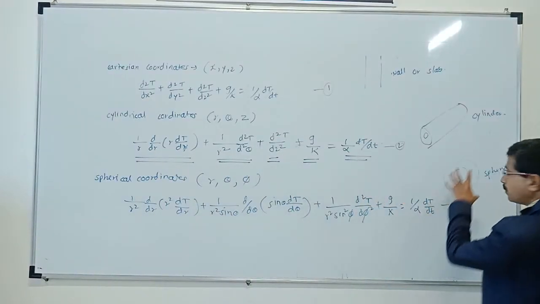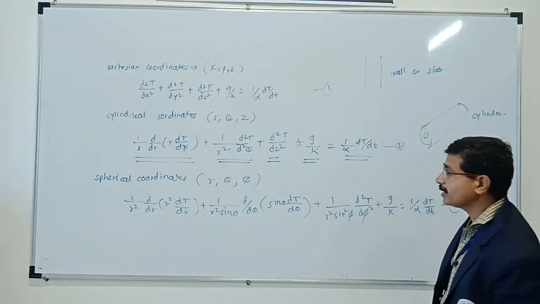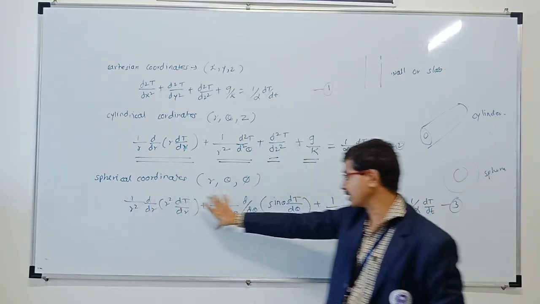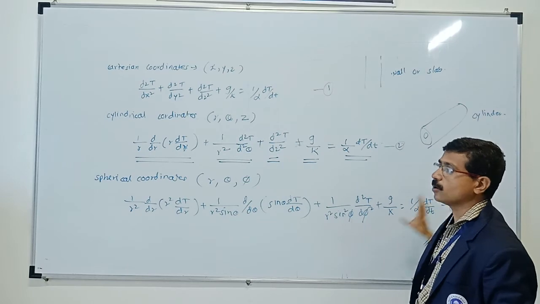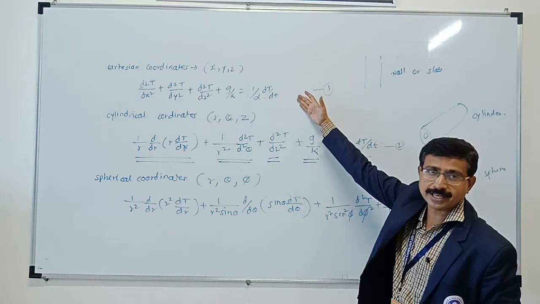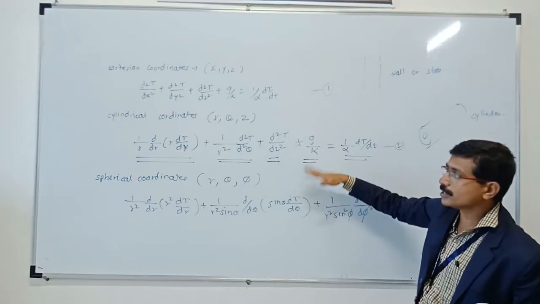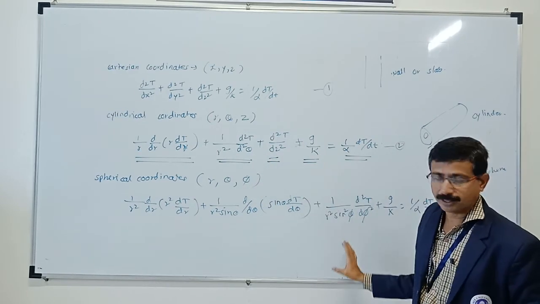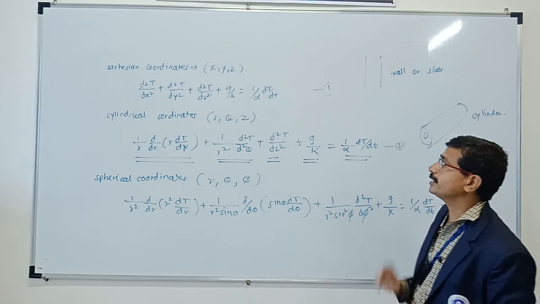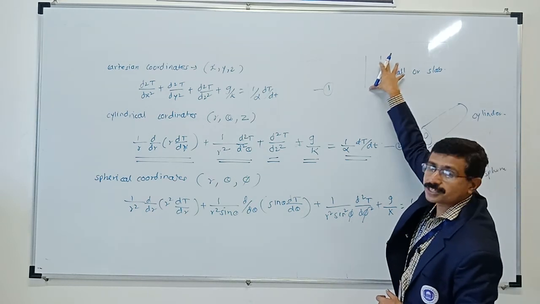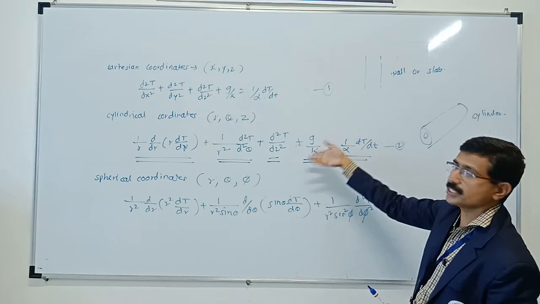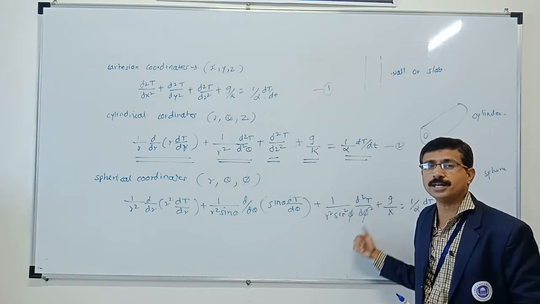When there is a sphere as the thermal system, you can use the expression of the spherical coordinates. All equations are the same; you can convert them into one another. The meaning of all the expressions is the same. Only depending on the shape of the thermal system, we choose which expression to select for thermal analysis.